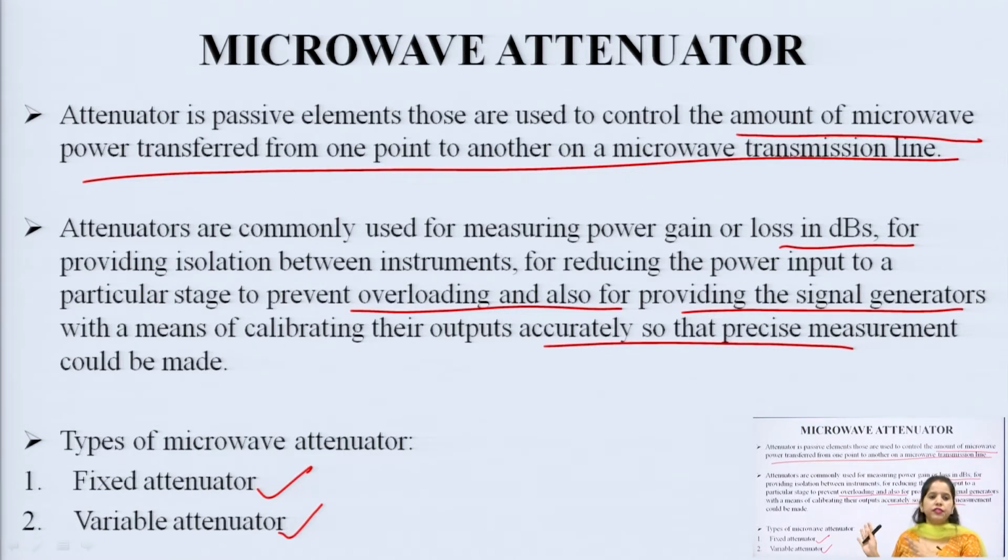One thing we interpret from this is that microwave attenuators prevent overloading and are also used for precise measurement of our signal, and the main motto is to control the amount of microwave power which is transferred from one point to another.